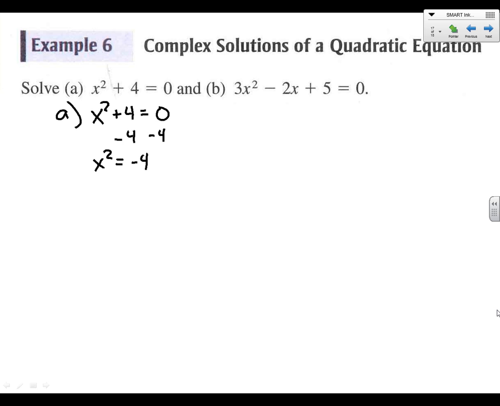Now, before this section, we would have said we cannot solve that. There's no solution here. But if we use imaginary numbers, there actually is a solution.